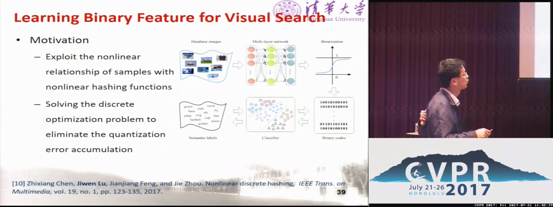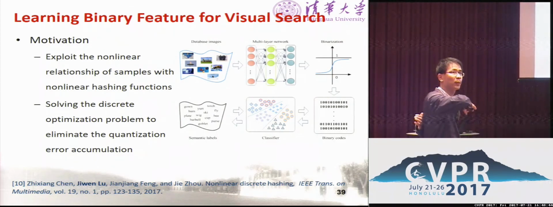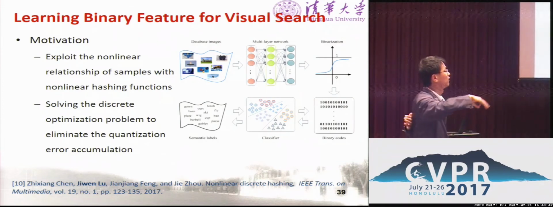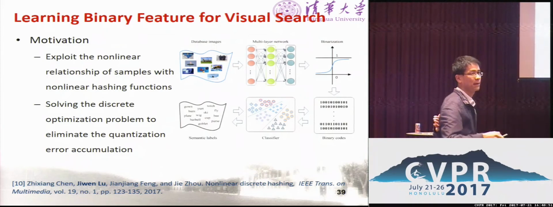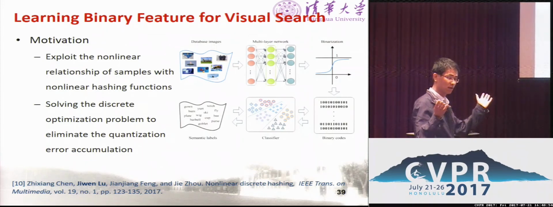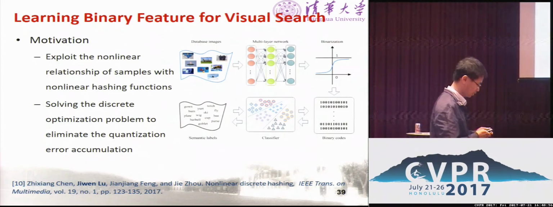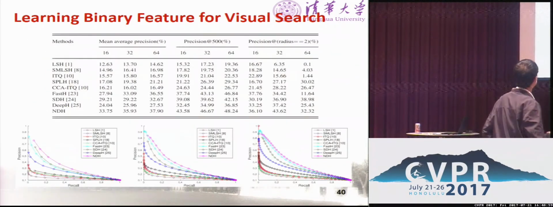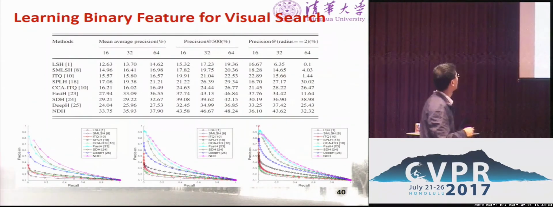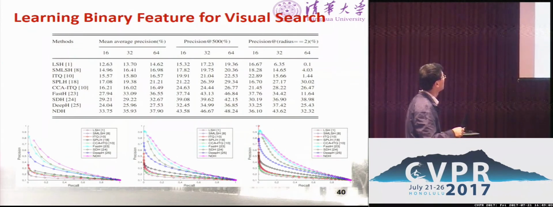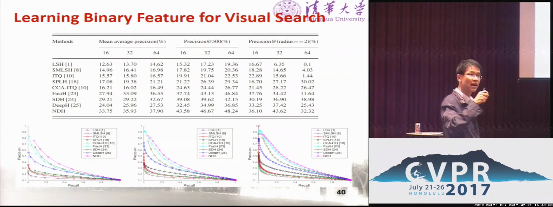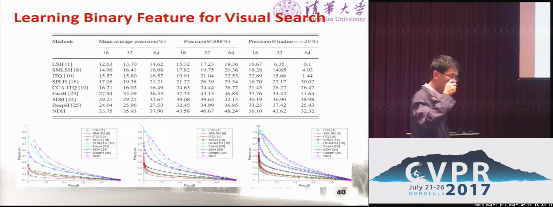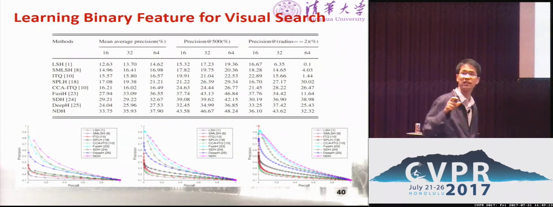At the top layer of the network, we not only use a sine function to approximate the real value, here we use discrete hashing. Discrete hashing means we learn the binary code bit by bit. In this case, the loss function can be well reduced. So we can find that NDH, compared with our previous deep hashing, improves the MAP significantly. That is to say, at the top layer of the network, the quantization loss is very important to get the compact binary code.